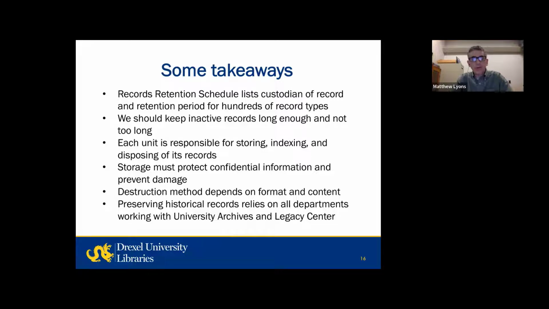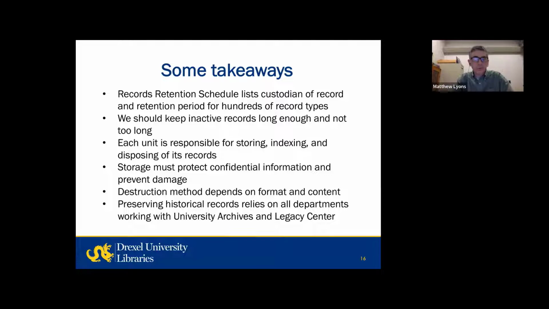We should keep inactive records long enough and not too long. That means in most cases, the retention period is both a floor and a ceiling. If the retention period is 3 years, say, that means don't get rid of the record before 3 years past the point when it becomes inactive, but don't keep it longer than 3 years past that point.